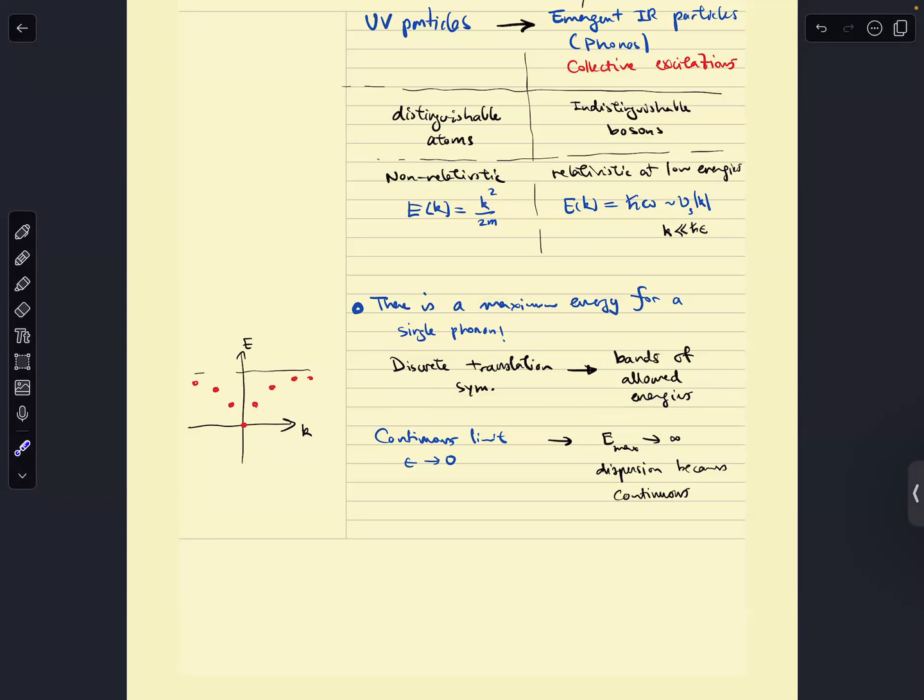The continuum limit is the limit of epsilon going to 0. In this limit, it's important to notice that Emax goes to infinity and the dispersion becomes continuous. This is the regime that we zoom in on here. In this regime, we recover a truly relativistic particle. The phonon is truly relativistic because the dispersion is linear in k.